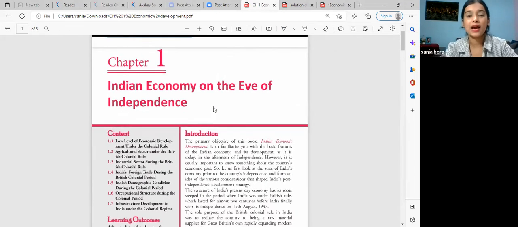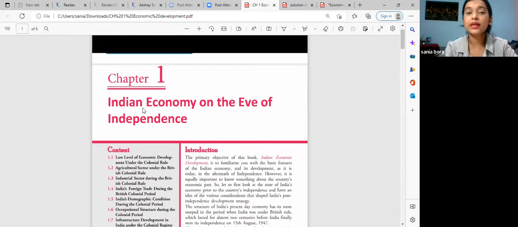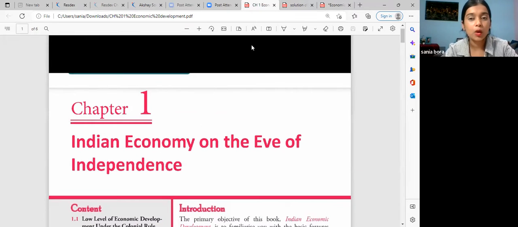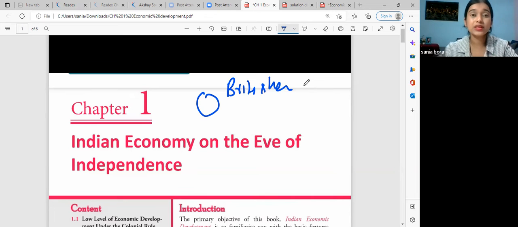So the very first chapter is Indian economy on the eve of independence. Now let's start with the story. India was under the rule of the Britishers, who ruled India for many years.